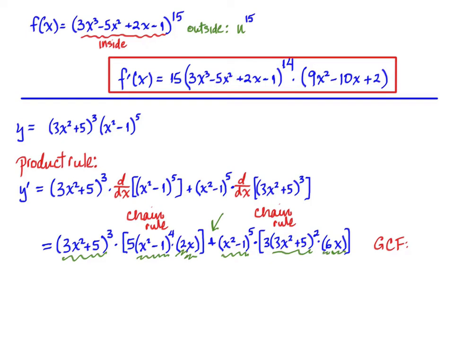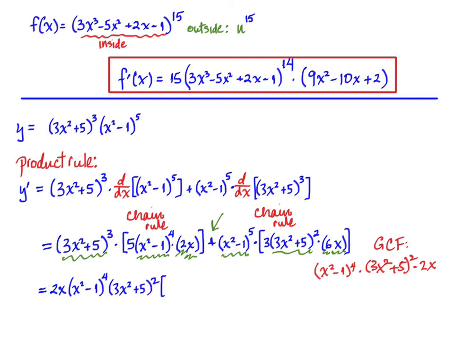And I don't see anything else that occurs in both terms. So my GCF is x squared minus 1 to the 4 times 3x squared plus 5 squared times 2x. So let's write those down. 2x times x squared minus 1 to the 4 times 3x squared plus 5 squared.